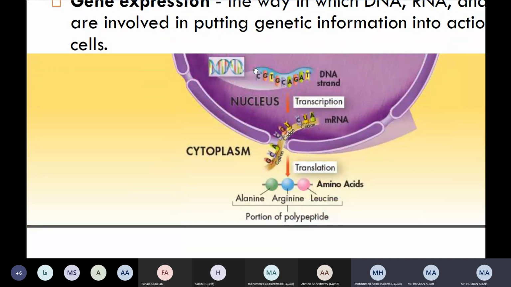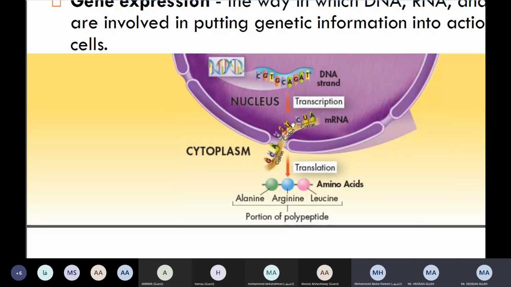From the DNA, a short template will come and unwind with the help of RNA polymerase, and after that, a small messenger RNA will form, and that messenger RNA will travel out of the nucleus, right? Out of the nucleus to the cytoplasm.